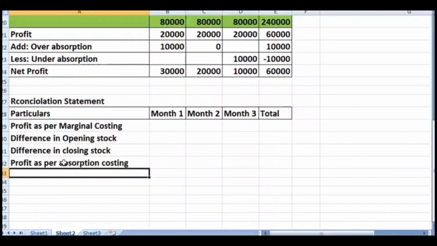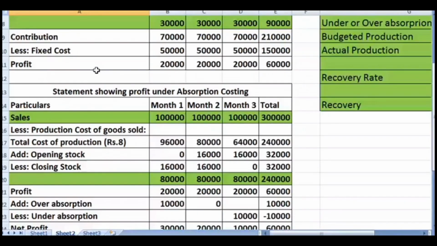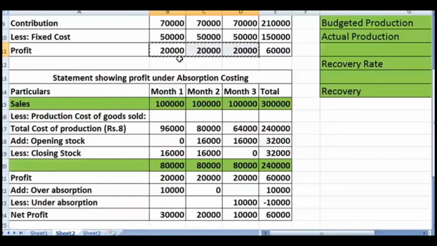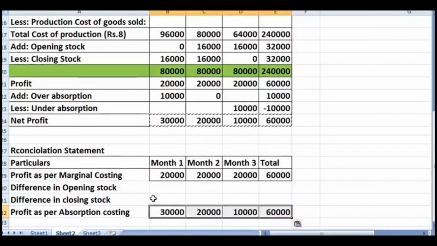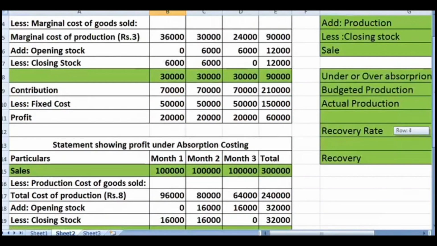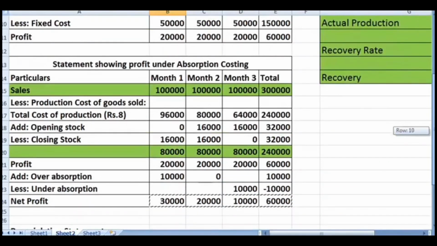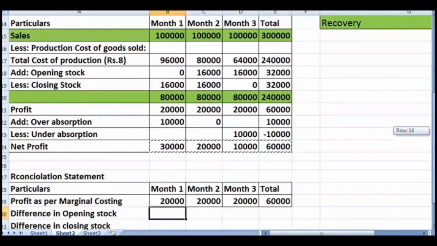Let us see. Now copy the profit as per marginal costing from above. Total also taken. Here profit as per absorption costing. Now let us quickly calculate the difference. Difference in opening stock: in the first month it is 0 and here opening stock is 0, so no difference.